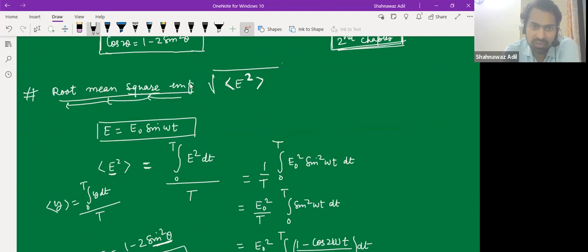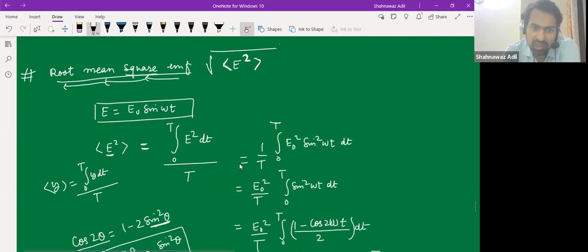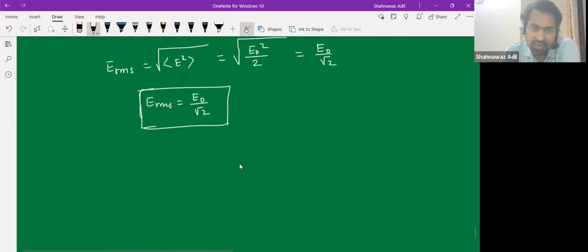So root mean square EMF when we go in the backward direction. So this is EMF and then square and then mean and then root. So this is how we represent the root mean square, right? And we calculated the E square mean and then we calculated the RMS.